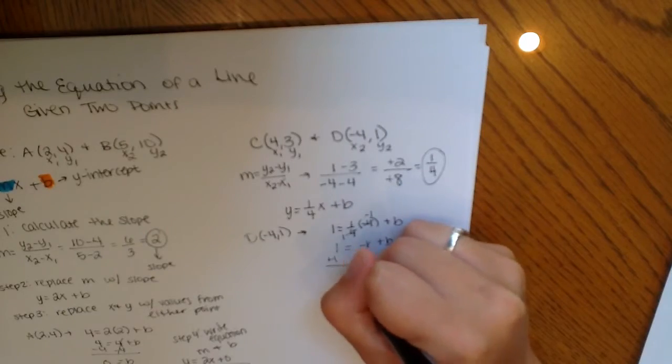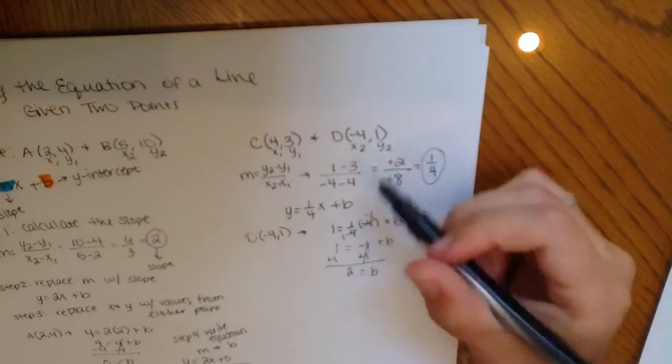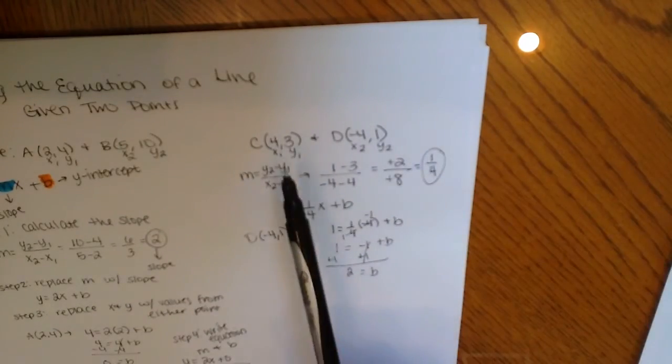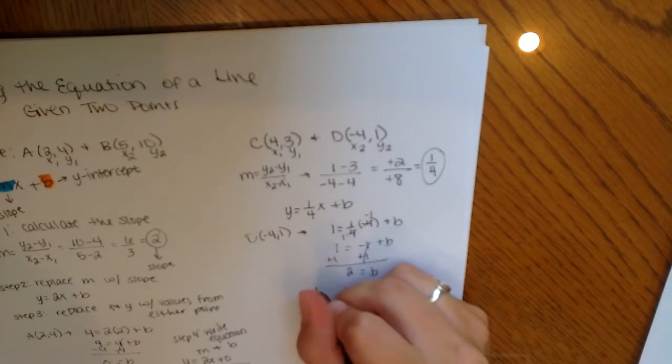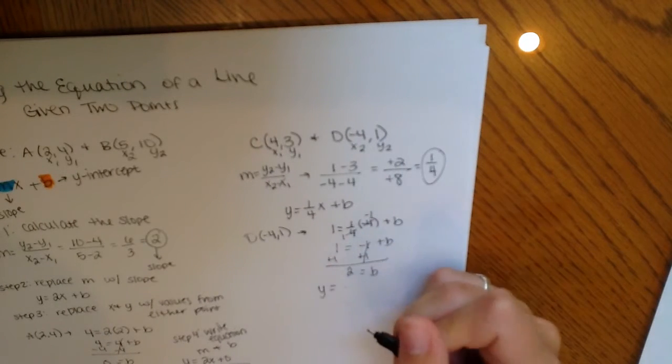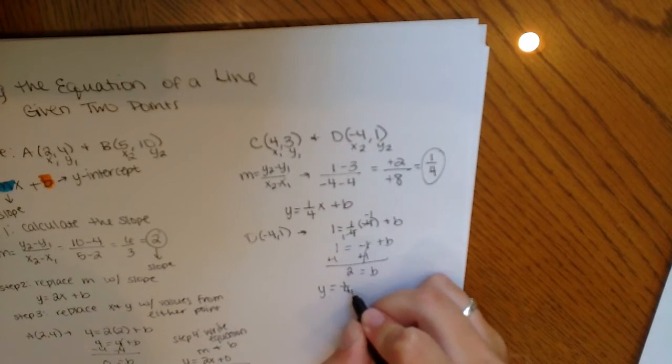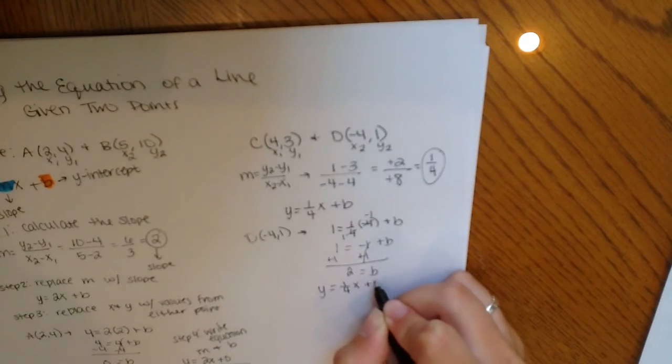B is equal to 2. So in this case, the formula of the line that crosses through the points C and D has a y-intercept of 2 and a slope of 1/4. So we can write the equation as y equals 1/4 x plus 2.